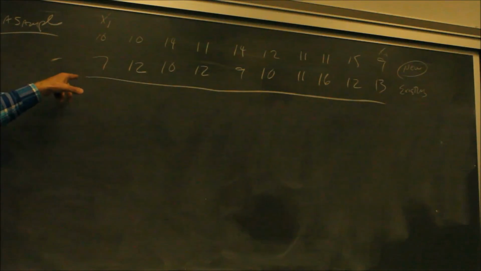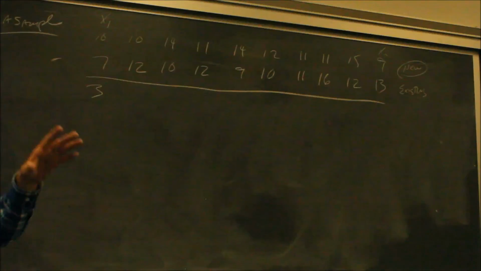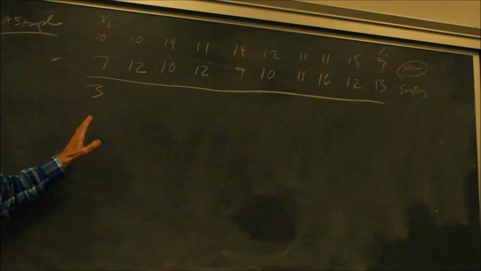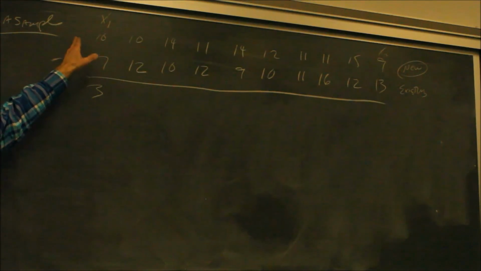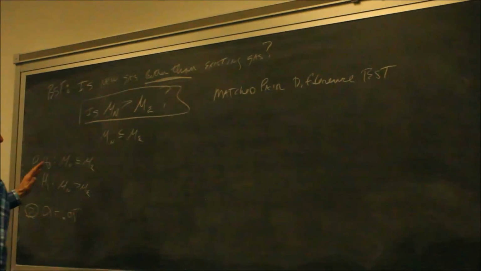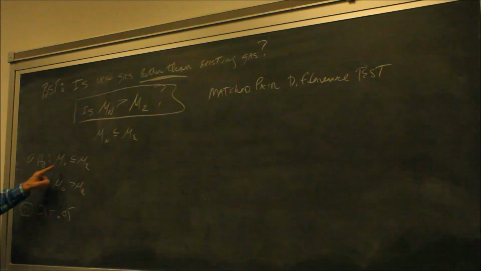So what is 10 minus 7? 3. Now, one thing about the matched pair difference test is that the top numbers are the way you've designated what's on the left over here. So what's on the left?